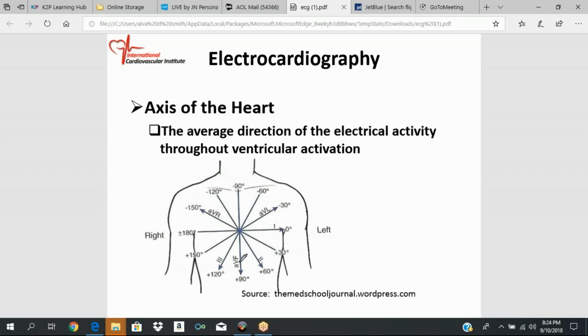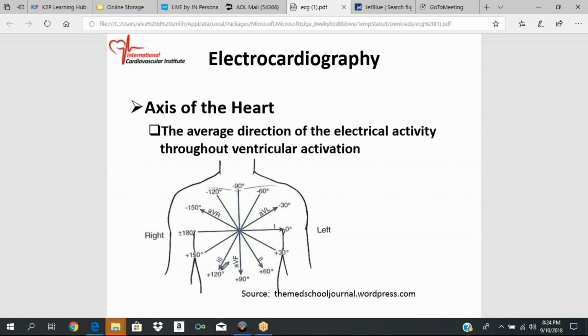Lead AVF, that's the next lead we come across. Positive AVF is plus 90 degrees. Okay, so it's a vertical. Remember, we say anything below the horizontal is positive, anything above the horizontal is negative. So this is AVF. AVF is plus 90 degrees.